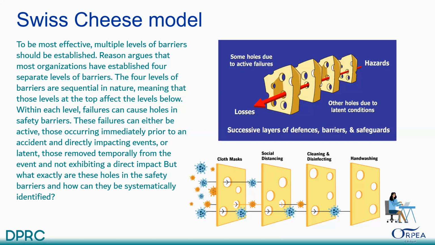Here we can see hand washing, cleaning and disinfecting, social distancing, and using a mask. If these measures are not done in an appropriate way and fail, then we are introducing infections to our patients. So in a way we are harming them rather than helping them. One action of disinfection or hand washing is related to the other. Social distancing, wearing a mask, all these contribute to preventing infection.